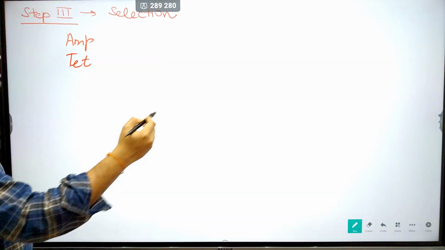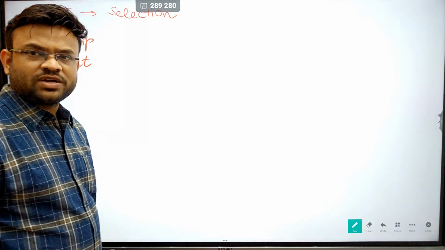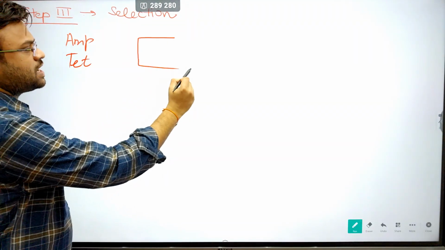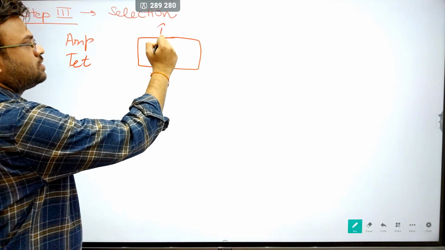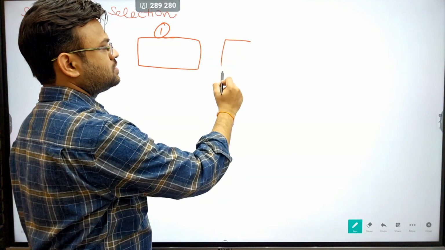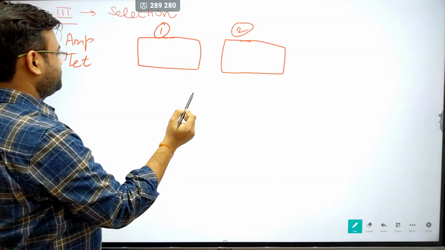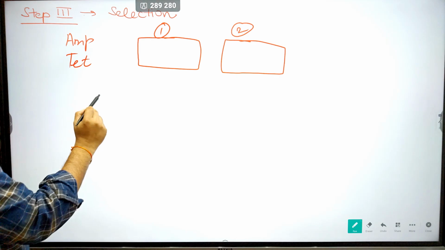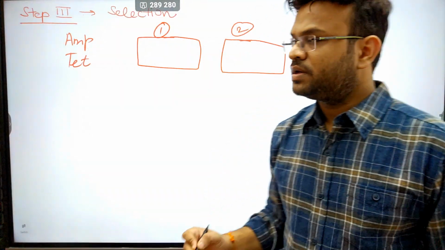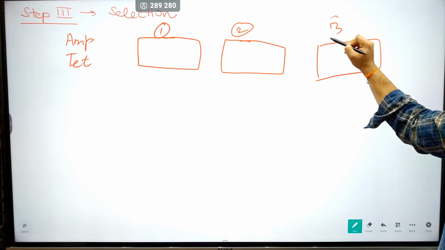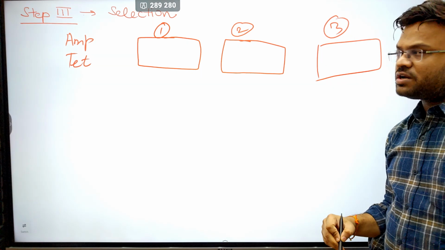Now, there will be three scenarios that we are dealing with. Let us say that this is bacteria number 1, this is bacteria number 2, and let me just draw it over here, this is bacteria number 3. These are the three bacteria that we are looking at.